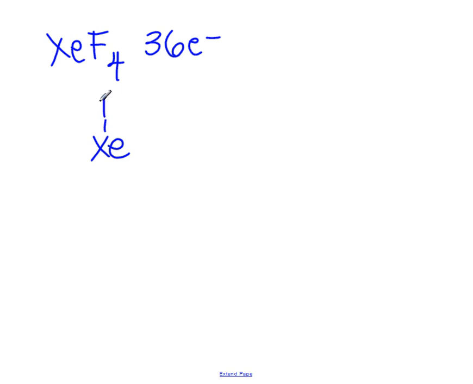I'm going to spread my fluorines around for my 2-dimensional Lewis structure and start putting my electrons around them. I've got 8 times 4 is 32, so I need to put 4 more on the center. 34, 36.